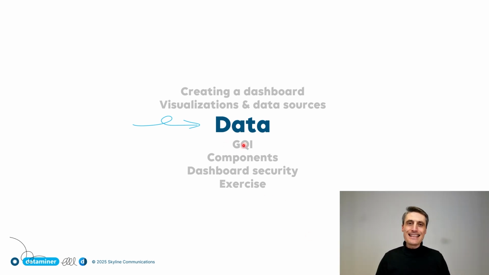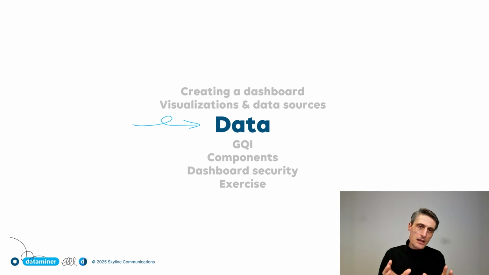Now I want to make that a little bit more dynamic by going for some data from the user, because currently my dashboard is showing the name, and I can add some more components in a minute. It's showing the name of my DataMiner agent, but actually I have like 100 of those servers in my system.